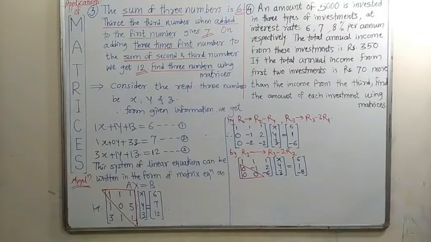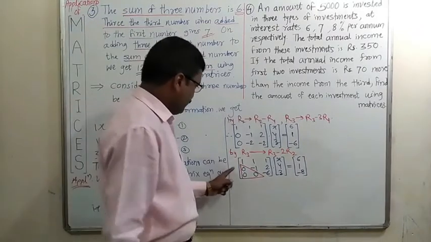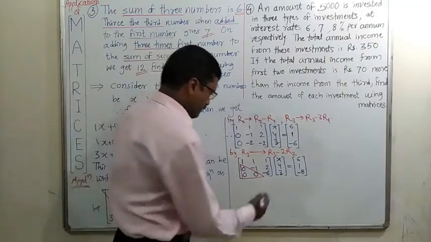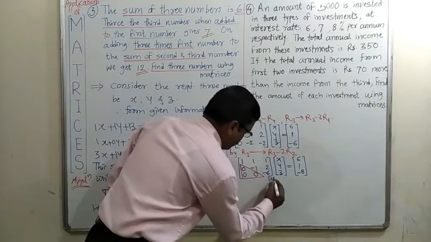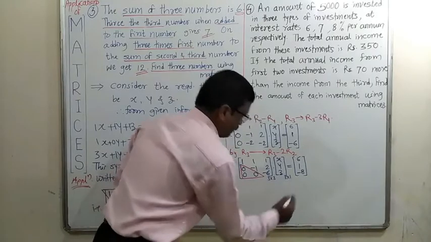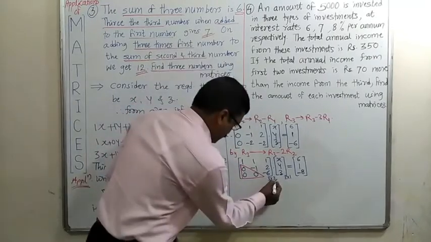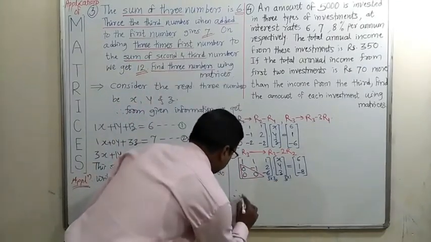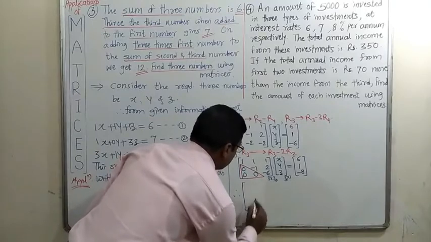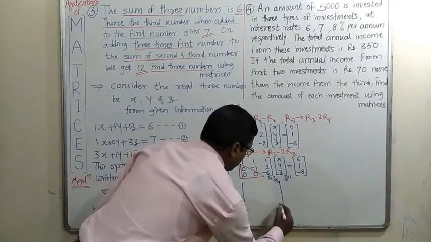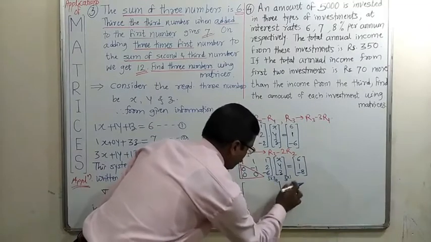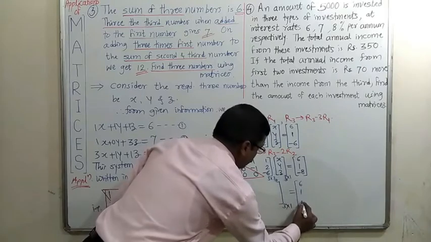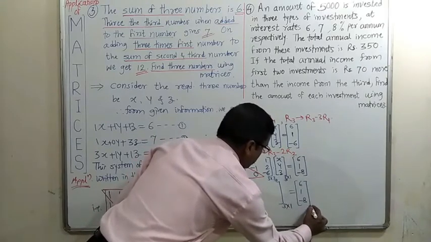So let us write this matrix equation into a system of linear equations. For that, first take the multiplication of these two matrices. This first matrix is of order 3 by 3. This matrix is of order 3 by 1. So the number of columns is equal to the number of rows. So we get the resultant matrix of order 3 by 1, and that is equal to 6, 1, minus 8.